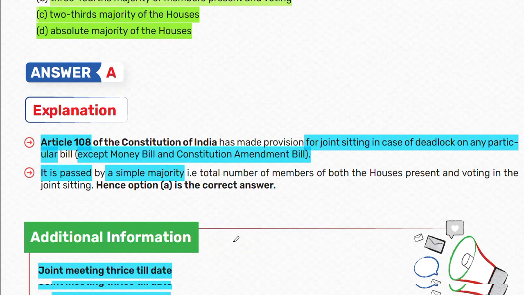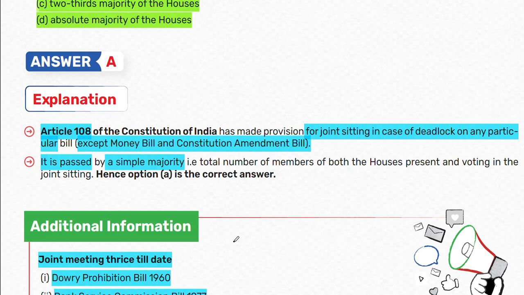Let us see the explanation. Article 108 of the Constitution of India has made provision for a joint sitting in case of deadlock on any bill except a money bill and a constitutional bill. So the joint sitting provision under Article 108 applies only in case of an ordinary bill.